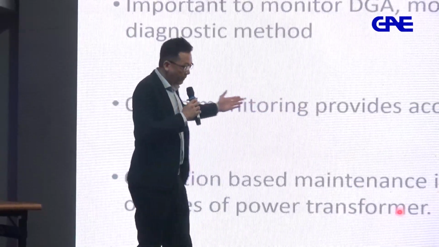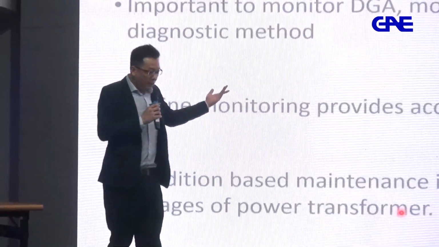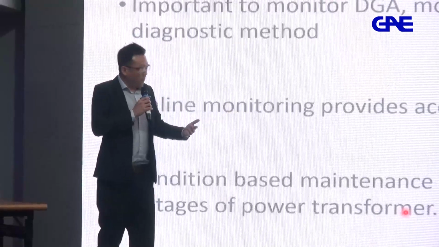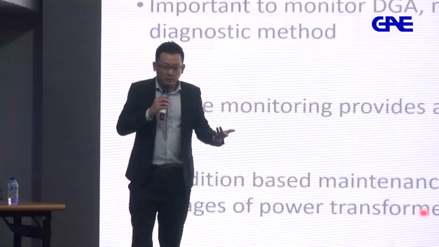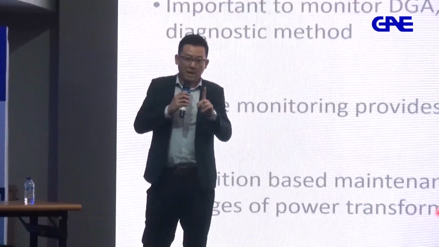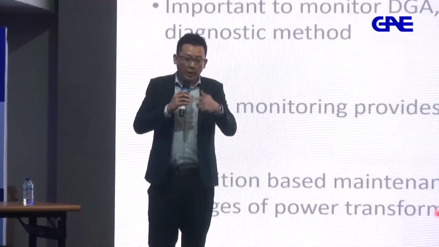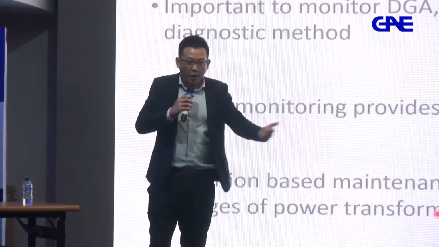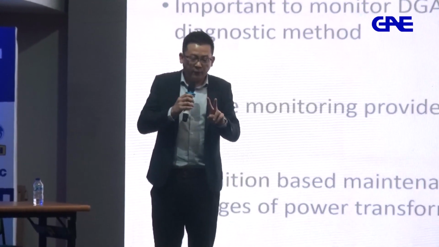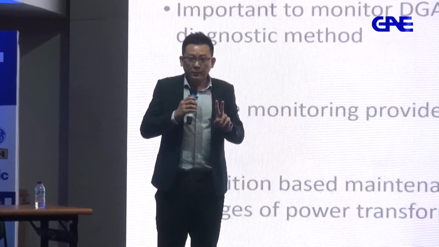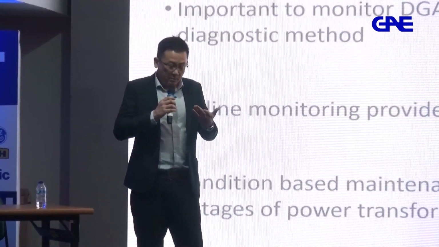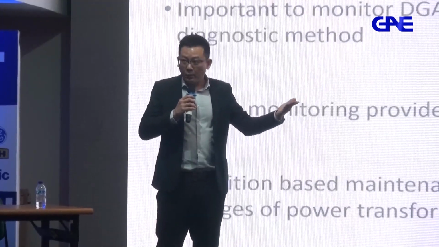But if you go with online DGA, in the market you can set the frequency to 1 hour, one measurement. So throughout the whole day, 24 hours, you will have 24 measurements, which is a lot of measurements.